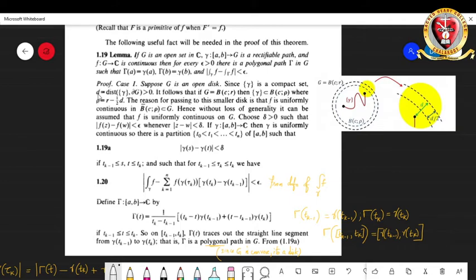Definitely that is the least distance of the set of all points of gamma from the boundary of G. That is definitely strictly greater than 0 because this trace is compact. We are assuming that G is B(c, R), then gamma is completely lying inside B(c, R), we know it.